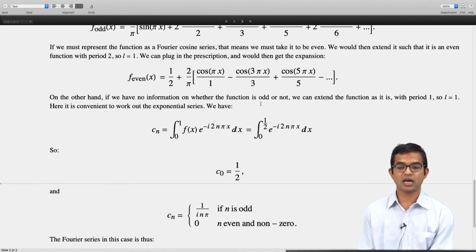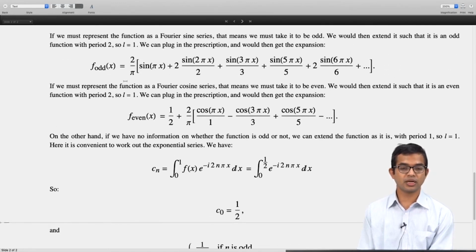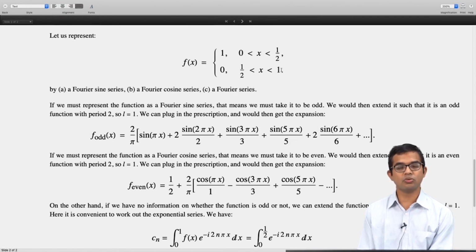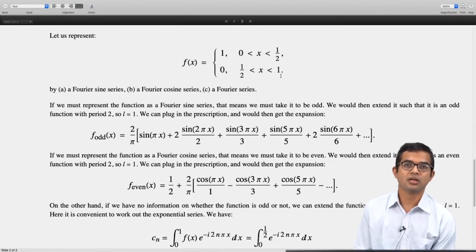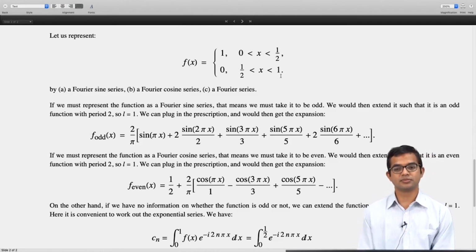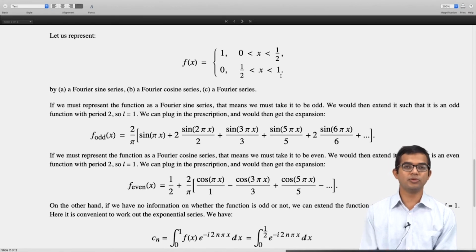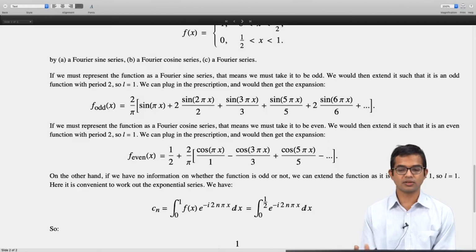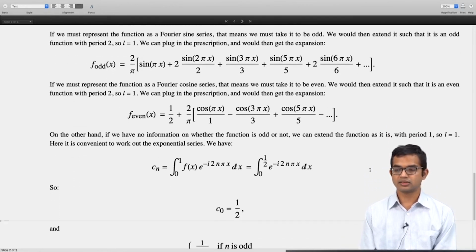In this case L is a half, whereas in the first two cases L is actually 1. So meaning this entire information from 0 to 1, you have to take a copy of this and paste it to the left of the origin, right? So minus 1 to 1 will be your period, whereas here in the third case you just take 0 to 1 itself as your period.